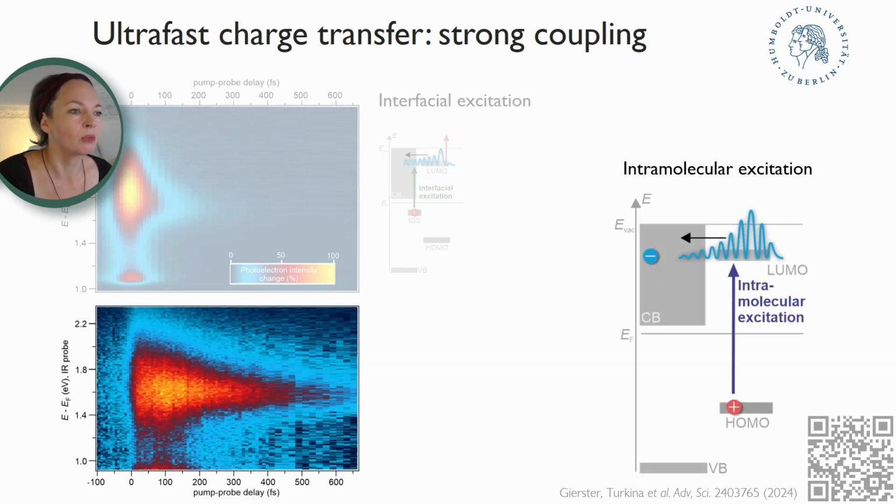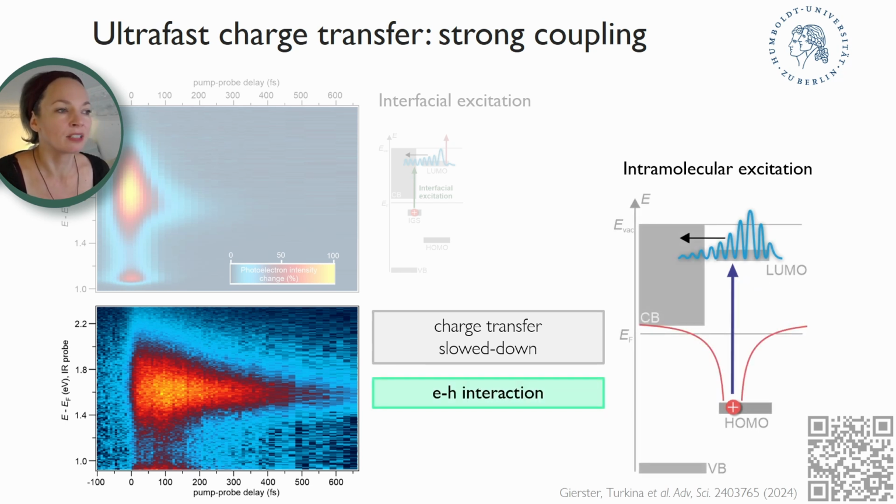For the intramolecular excitation, you see that on the same time axis, clearly the dynamics have been slowed down and the charge transfer probability seems to be reduced. And this must be due to the attractive Coulomb potential of the hole that constricts the wave function of the electron and therefore reduces the wave function overlap with the zinc oxide conduction band, reducing the charge transfer probability.